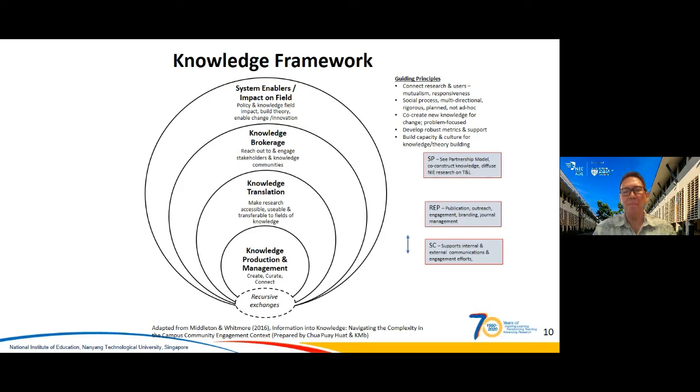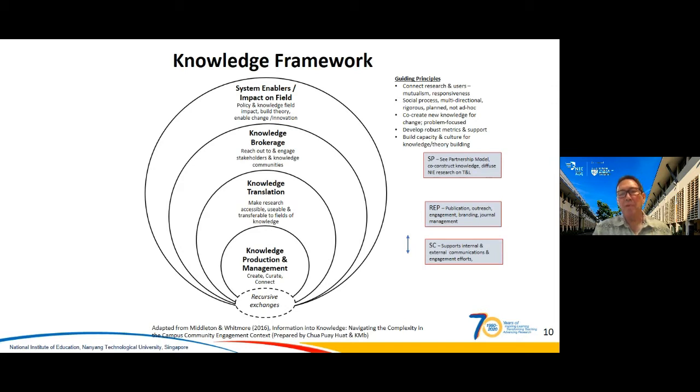And so we see in the middle circle this notion of nested knowledge. We see where there's a focus on the knowledge production and management. So our knowledge mobilization unit has typically worked on managing that knowledge in terms of curating it and connecting it as needed.